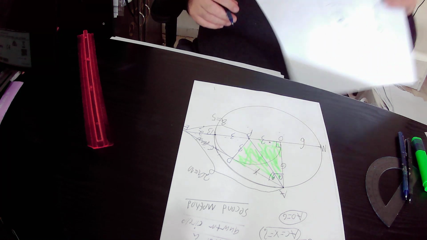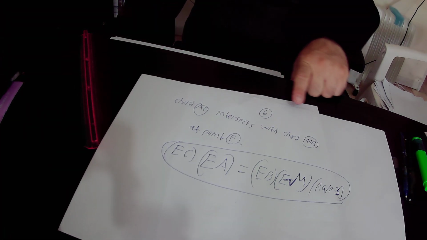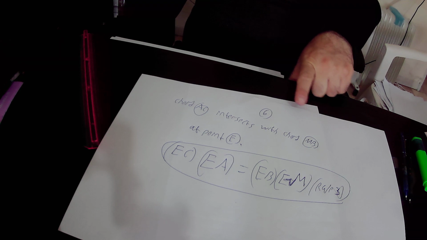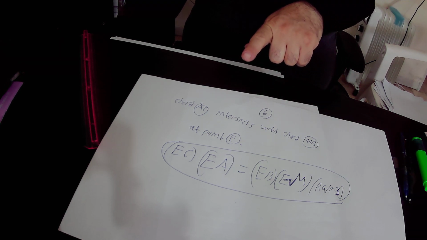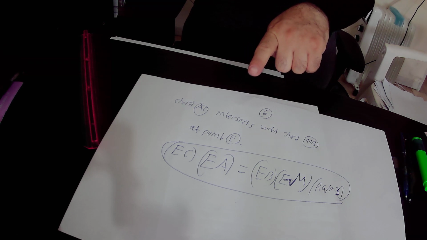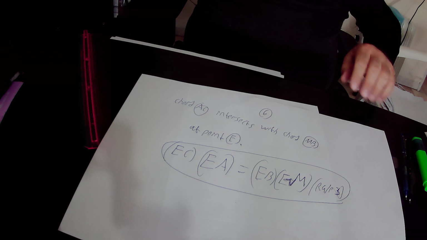I repeat again. Because chord AC intersects with chord MB at point E, then according to rule number 3, the following equation is true: EC times EA equals EB times EM. Okay?